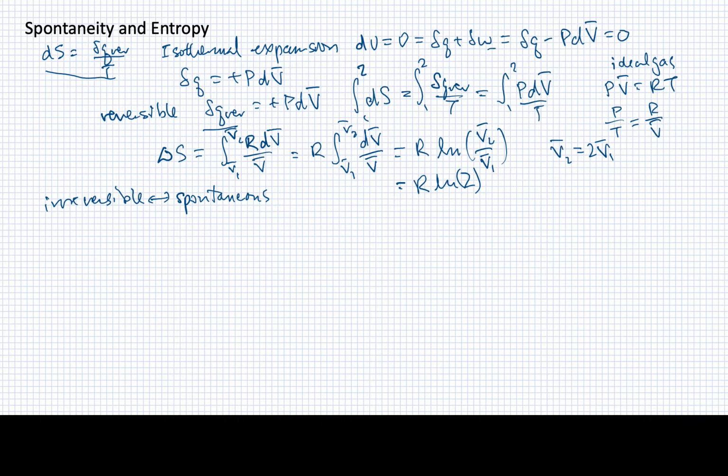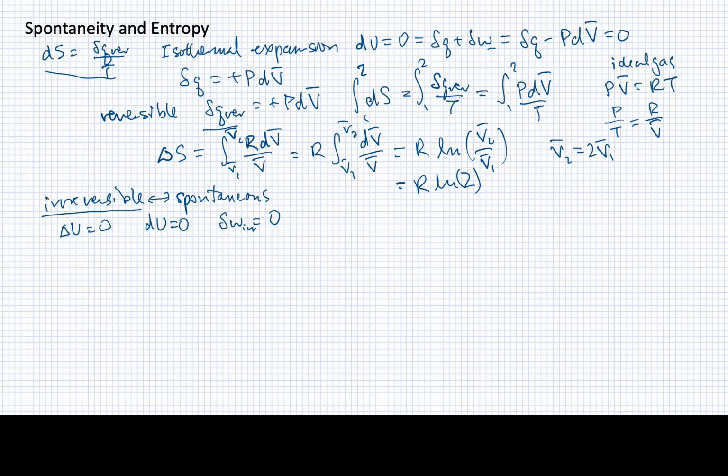So in that particular case, I not only have that the change in internal energy is zero, so that is dU is equal to zero, but since it's not expanding against an external pressure, it's expanding into a vacuum, that also means that the incremental change in work is going to be zero. And I'm going to write that as irreversible because it's specific to this irreversible process.